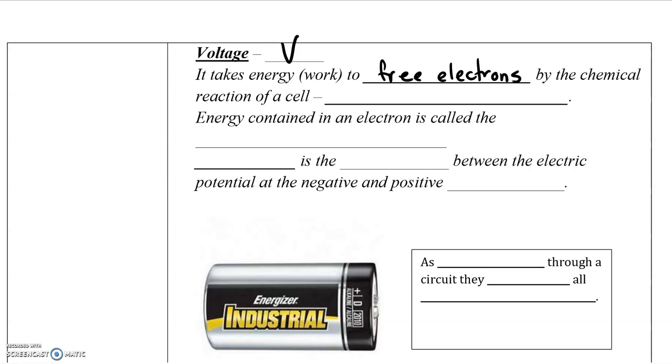Energy is stored in every single electron. The energy contained in an electron is called the electric potential.